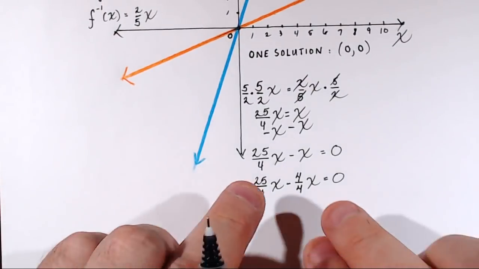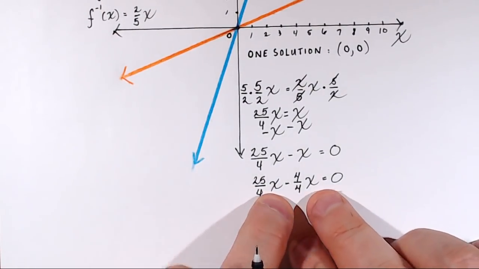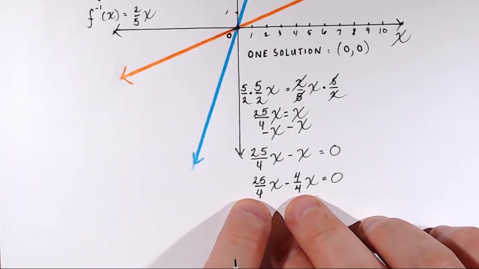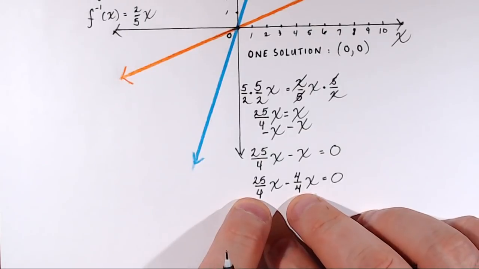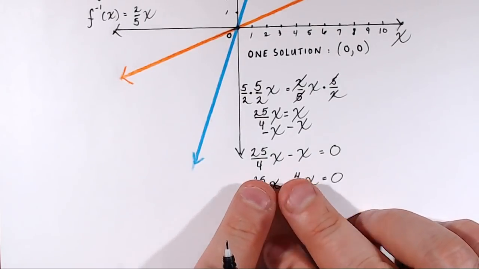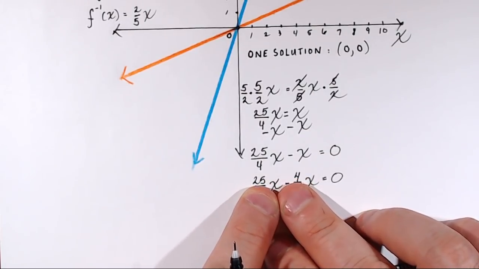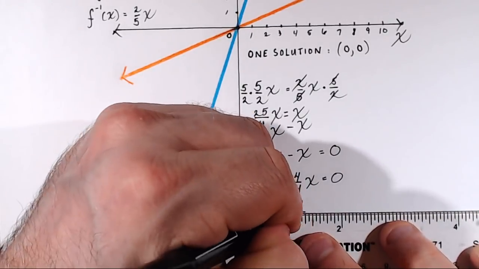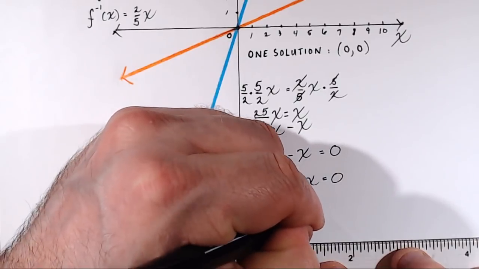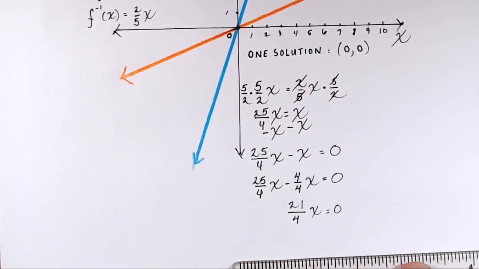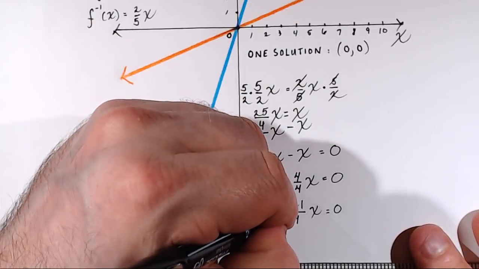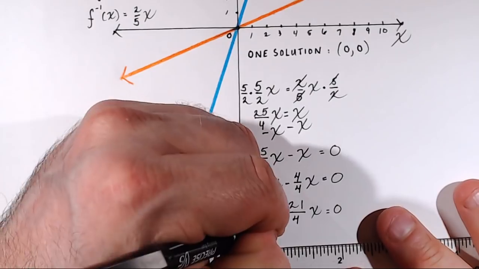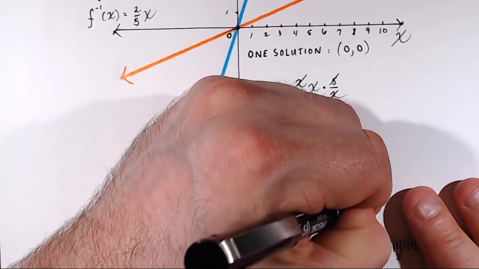And now I say, well, I've got the same variables, so I can in fact perform subtraction on these coefficients because these coefficients have common denominators. So I'm really just subtracting 4 from 25, and I get 21/4 x equals 0. And then I'm going to multiply both sides by the reciprocal of 21/4, which is 4/21.